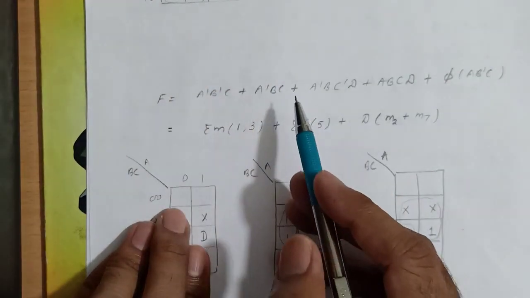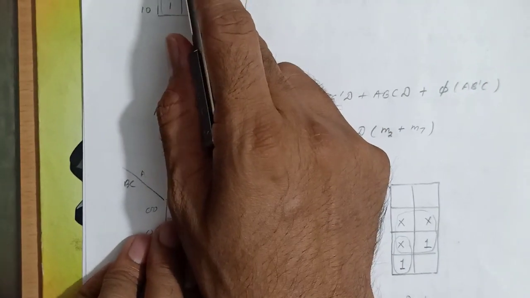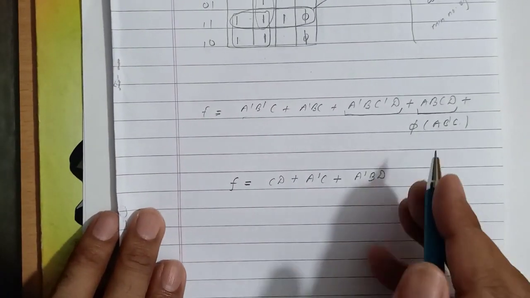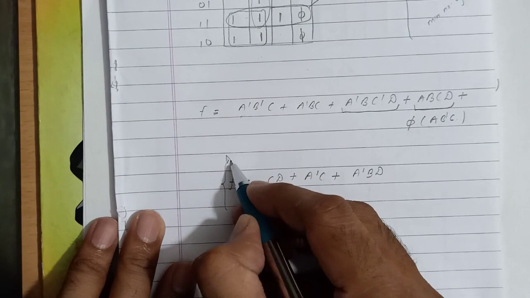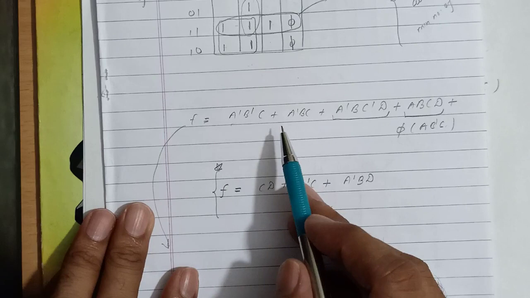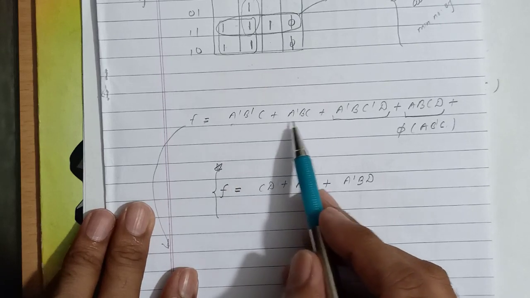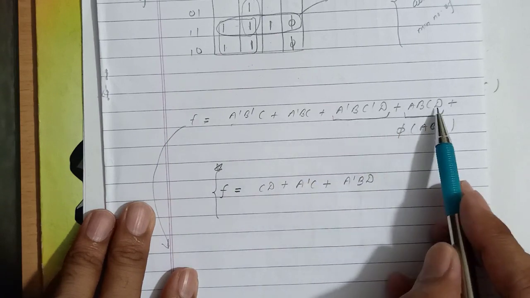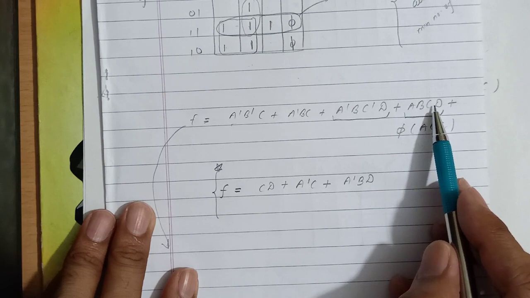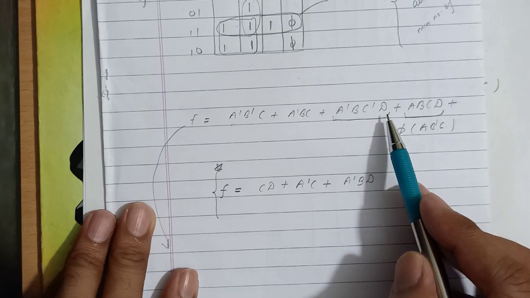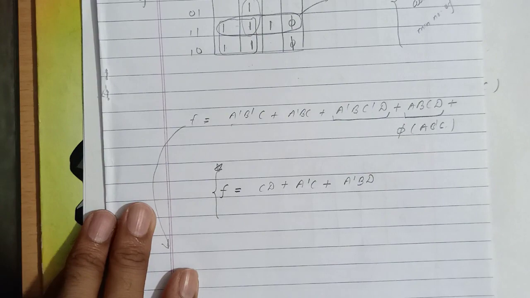If we try to solve this function using a 3 variable K-map, look here. Most of the terms involve A, B and C, but only 2 terms have D. That is the clue: if there are few terms containing some variable, we can use the MEV method.